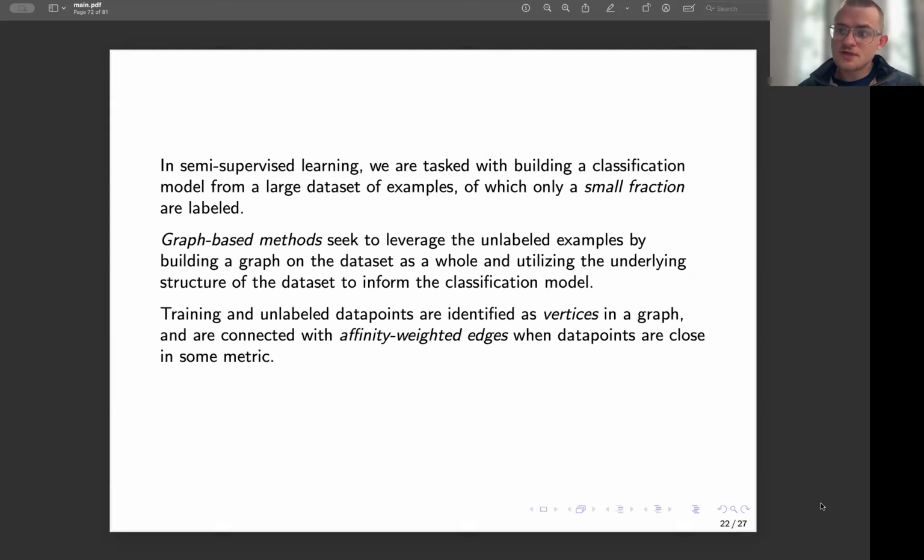To be a little bit more precise, in this framework, the training and the unlabeled data points, so including the labeled ones and the unlabeled ones, all of your data at hand, each data point is identified as a vertex in a graph. The vertices are connected with affinity-weighted edges when the data points are close in some metric. I'm going to leave the metric up to the data scientist.